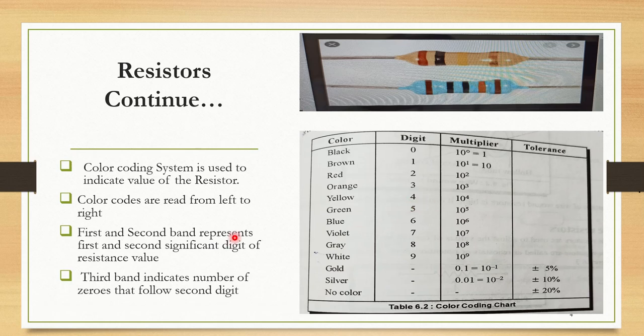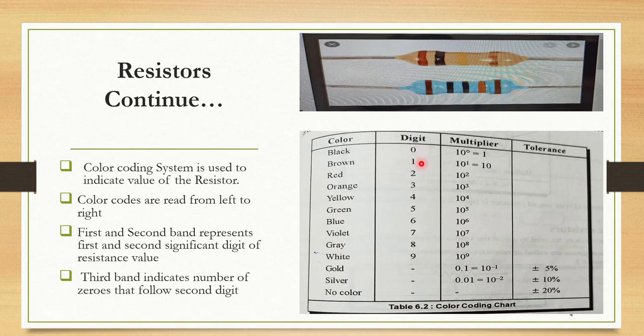The next: first and second band represent the first and second significant digit of the resistance value. Third band indicates the number of zeros that follow the digit. Suppose it is red and black, so 2 and 0, 20.